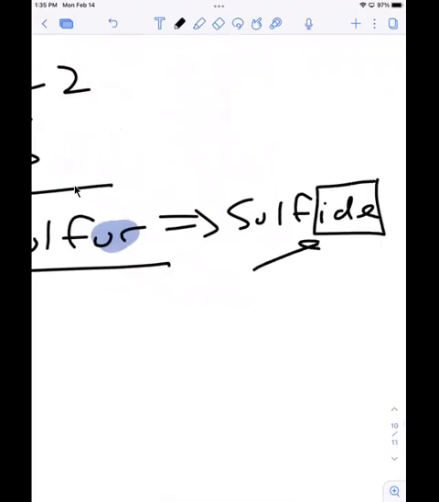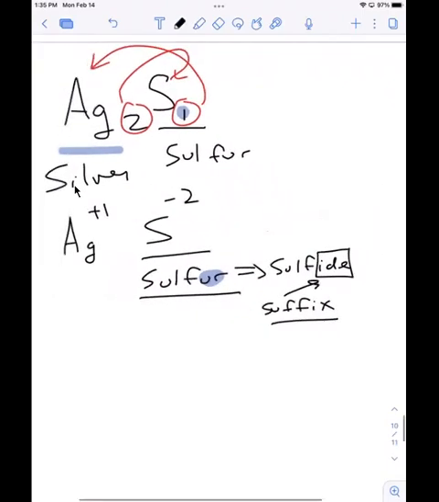This is what we call a suffix. We add a suffix to indicate that sulfur is the negative part of that compound. So we go from sulfur to sulfide. Any of your non-metals, whatever the name is, if it's an anion, if it's negative, we change the ending.